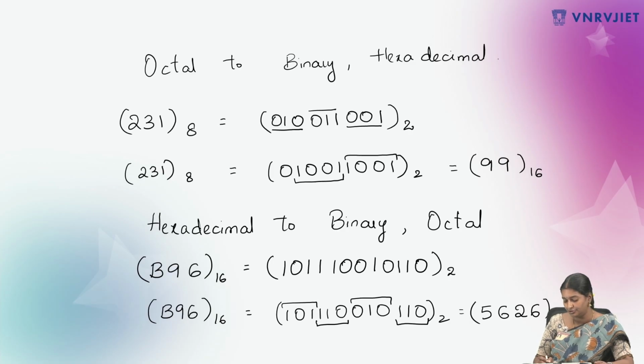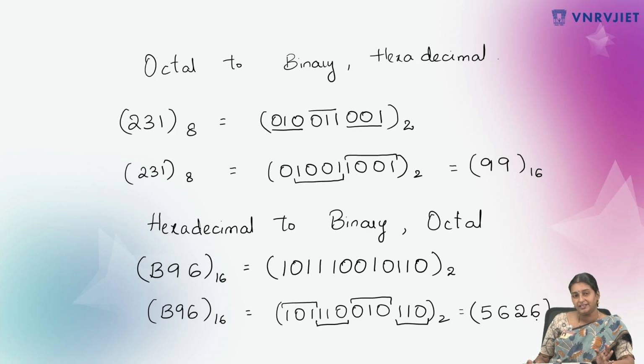Likewise for hexadecimal to binary, it is the same thing. For hexadecimal, we convert each digit to its equivalent 4 bits, and then we group 3 bits, because hexadecimal to octal means grouping 3 digits as an entity. So we have done a total of 12 conversions. This is how we convert one number system into another number system.